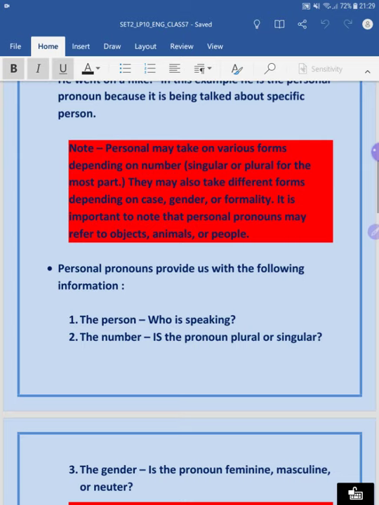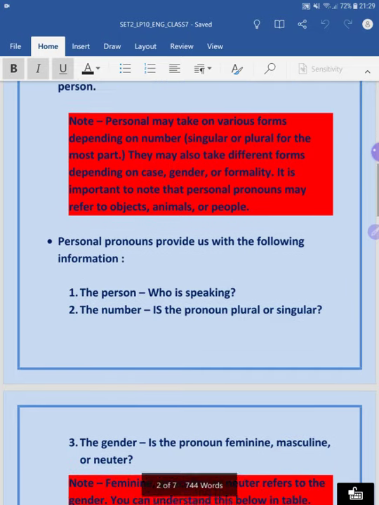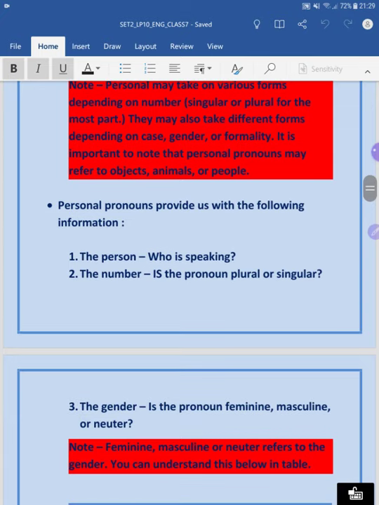Now, personal pronouns provides us with following information. What are those information? First one is the person who is speaking. Second one is the number. Is the pronoun plural or singular? And third one is gender. Is the pronoun feminine, masculine, or neuter?